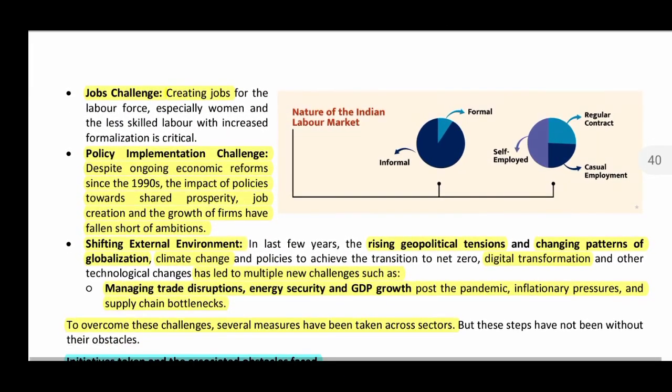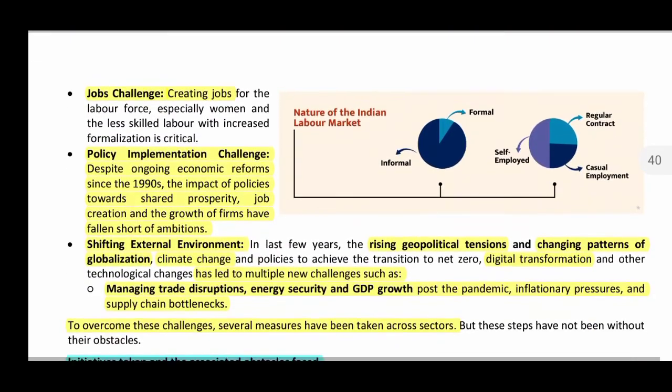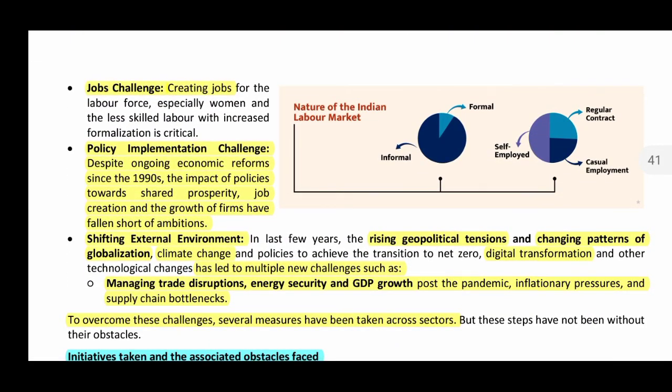Then there is the job challenge: creating jobs. Jobs must be created for the labor force, especially for women and less skilled labor, with increased formalization, because there is a lack of formal jobs and informal jobs are so many, in which there is informality, regular wages are not given, or there are dropouts from the job and long working hours.